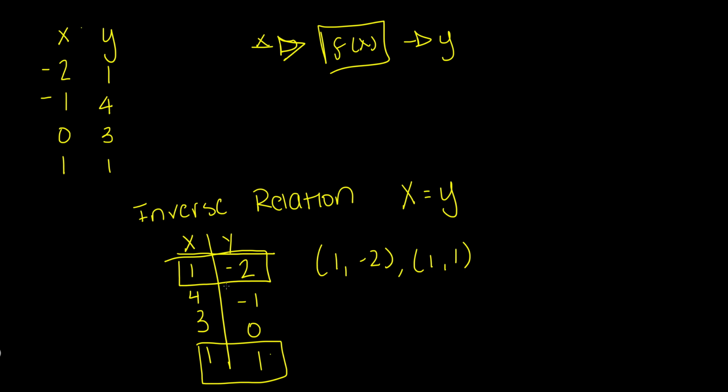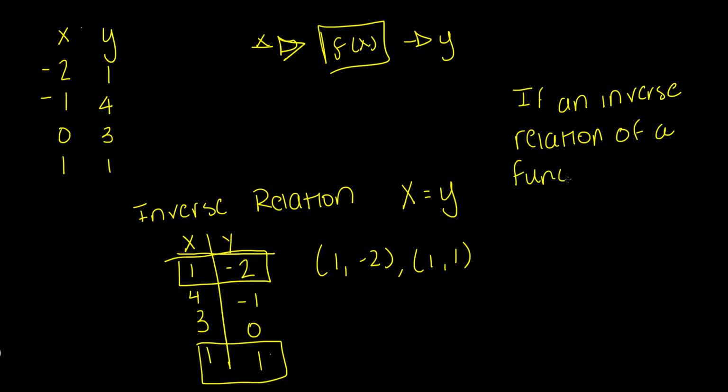If the inverse relation of a function f is itself a function, basically one-to-one, so one input with one output, it is called an inverse function.